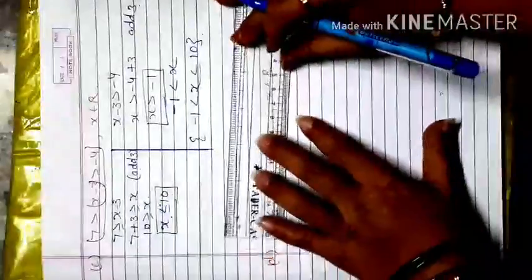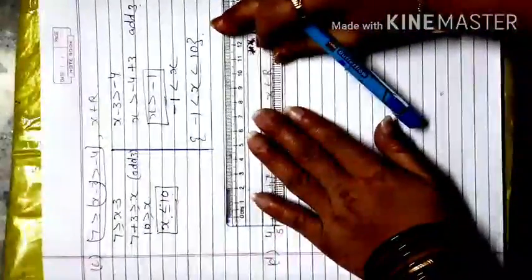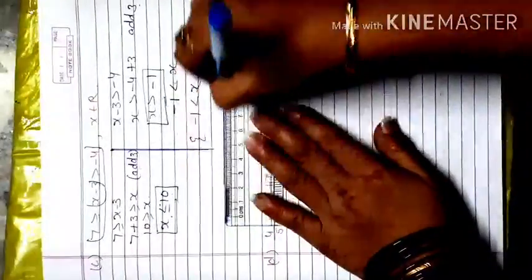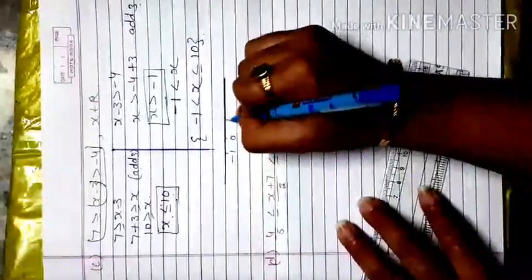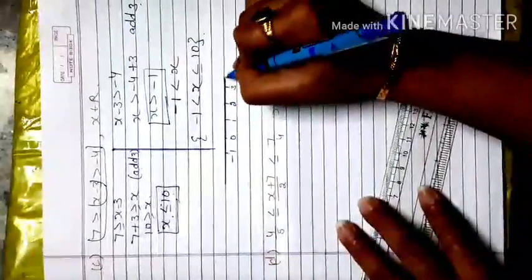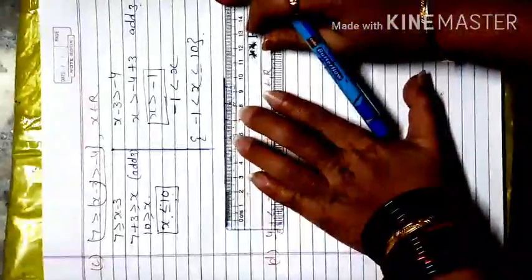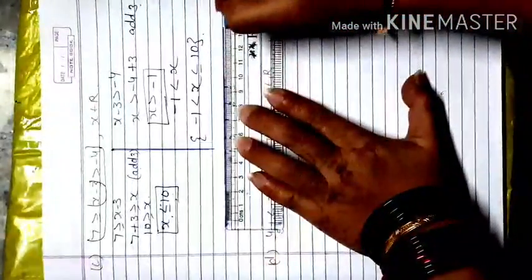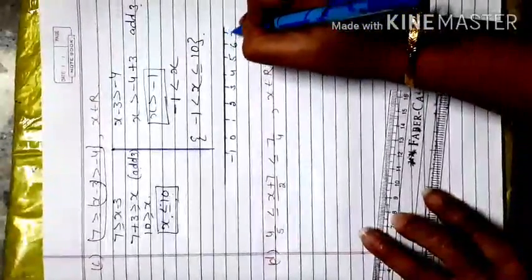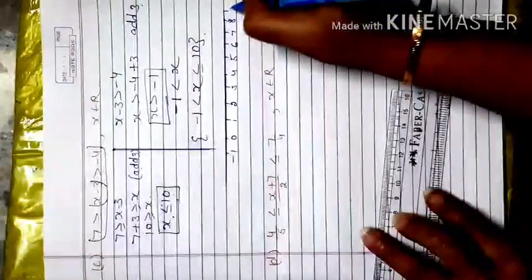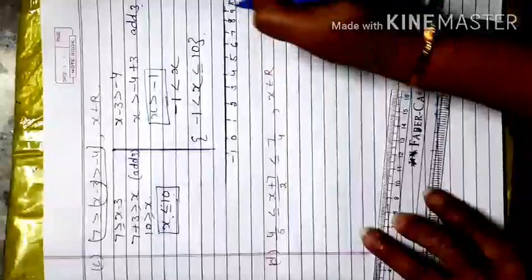And when you present it on a number line, as I have to present it on the number line: 0, minus 1, 1, 2, 3 up to 10, 10 also included, 3, 4, 5, 6, 7, 8, 9 and 10.